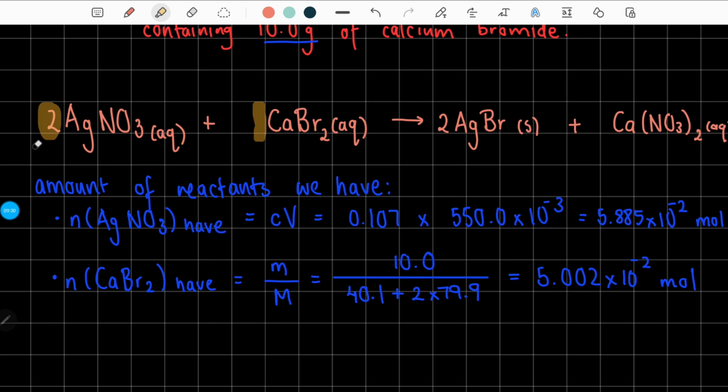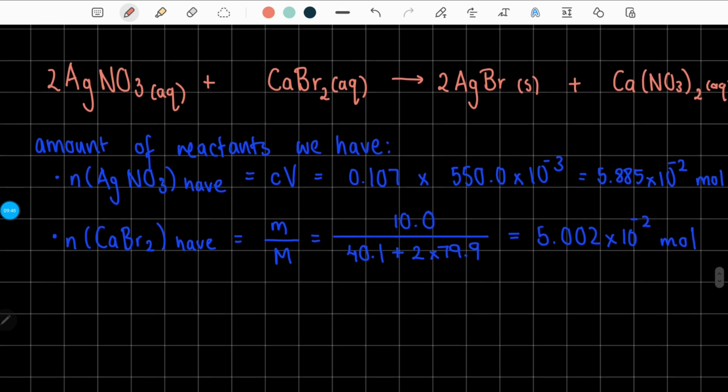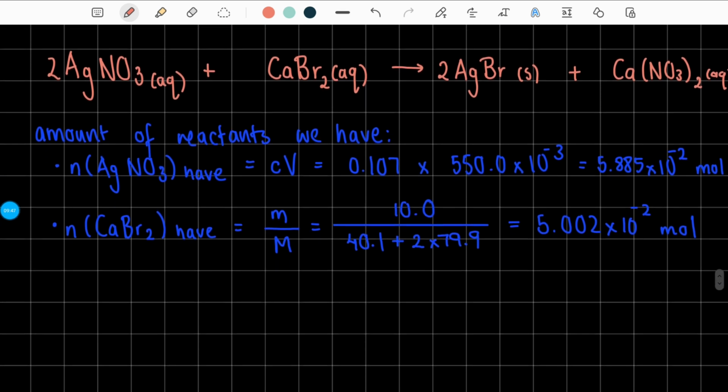So here we have a 2-to-1 molar ratio between silver nitrate and calcium bromide, okay? So the way that you are going to resolve this and figure out the amount that is in excess or limiting is you choose either of these two, okay?